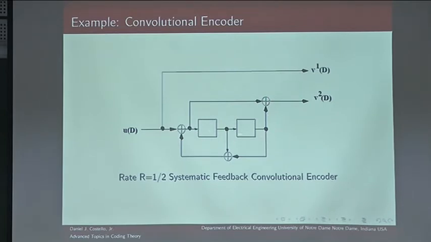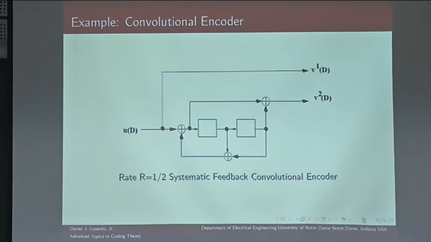But this bit has actually been divided by 1 plus D squared. Otherwise what goes in here is the input bit, and also the contents of both of these registers fed back. So this input represents 1, this input represents D, and this input represents D squared.